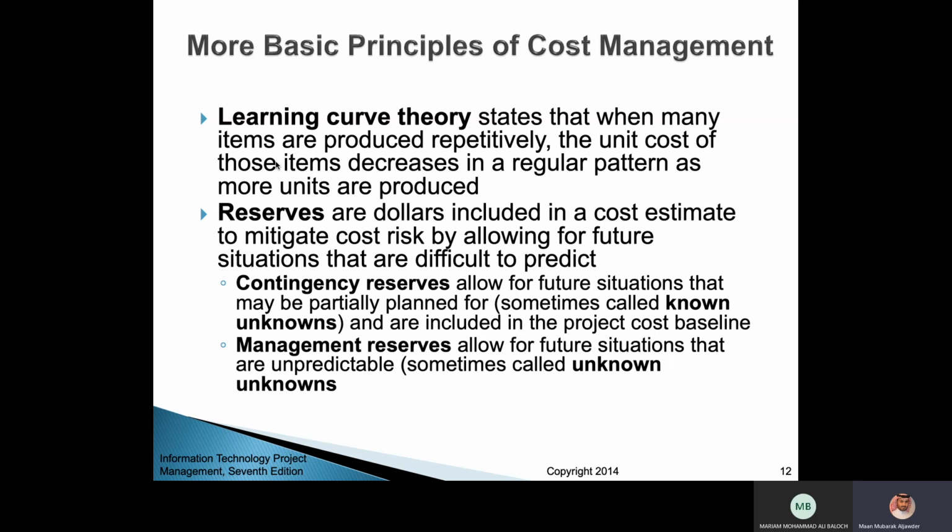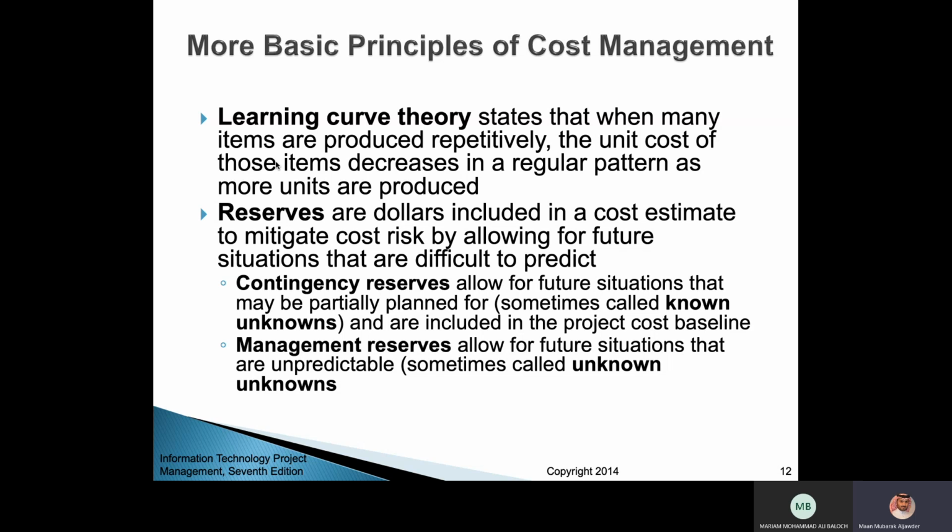Now, reserves is the amount of money that you assign or set aside for some contingency of future situations that you don't know about. Now, when you say we don't know, there are two types of unknown things.